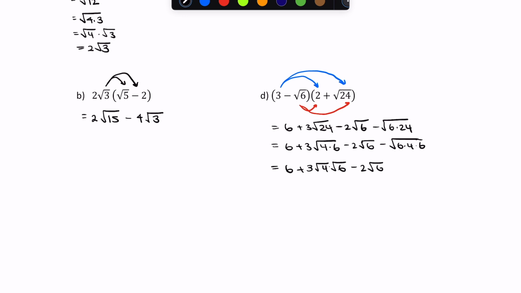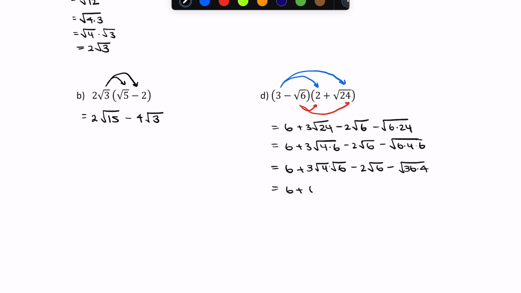minus 2 square root 6 minus, and if we combine the two 6 values together, we get square root 36 times 4. And we want those because both of those are going to be perfect squares, which we can square root properly. So here we get 6 plus 3 times 2 because of the square root.